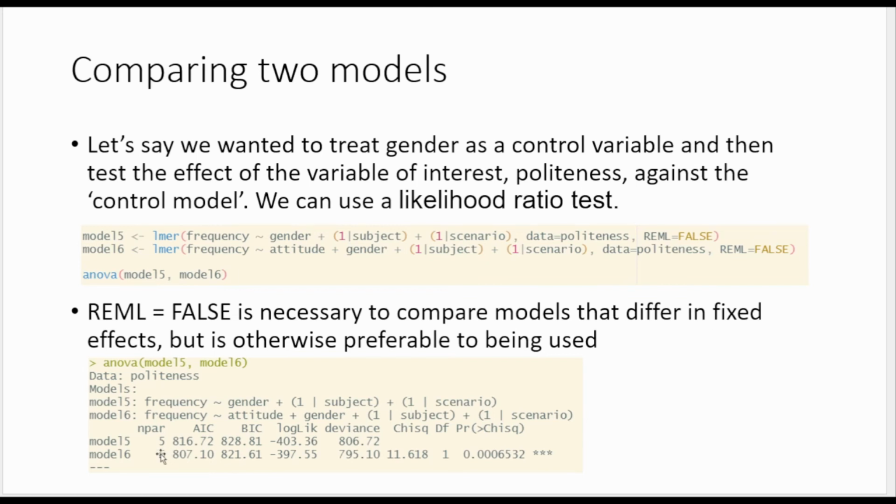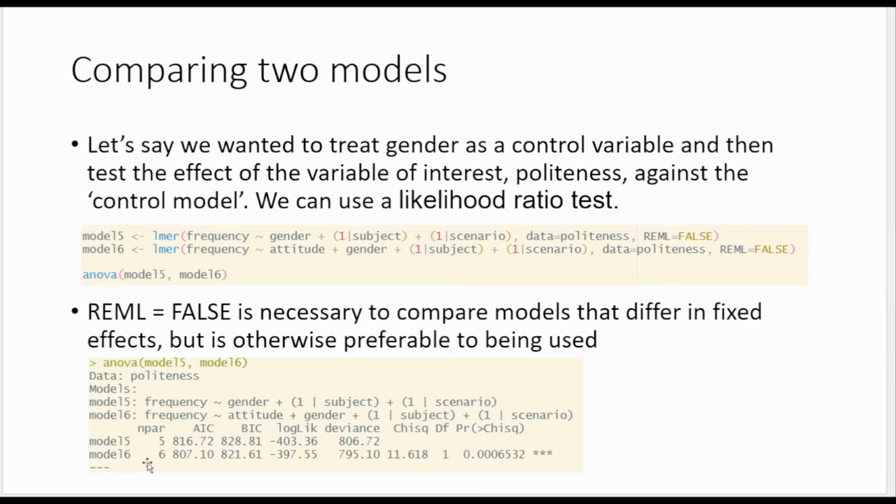And we can see that model 6 has a lower or a better fit than model 5. Looking at the AIC, the BIC, and essentially the statistic that's been tested here is the log likelihood. That's why it's called a log likelihood test. And we can see that negative 403 compared to negative 397, closer to 0, is better.